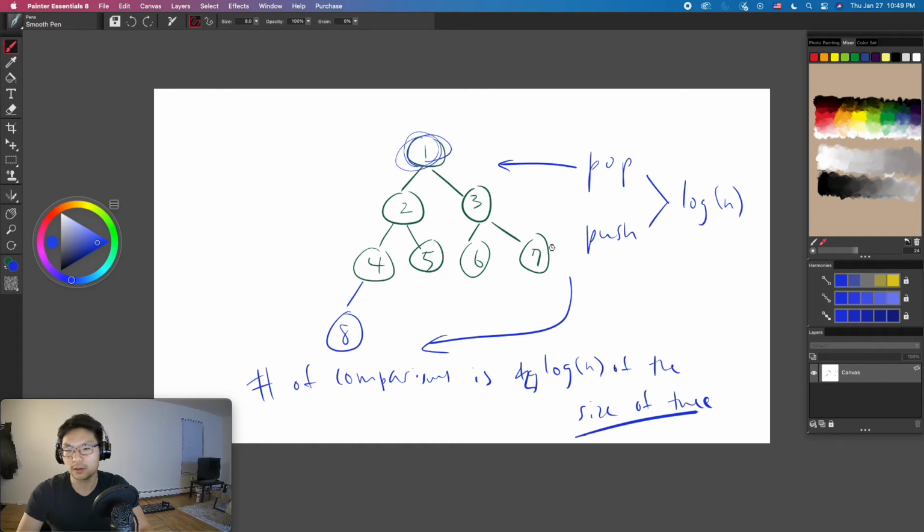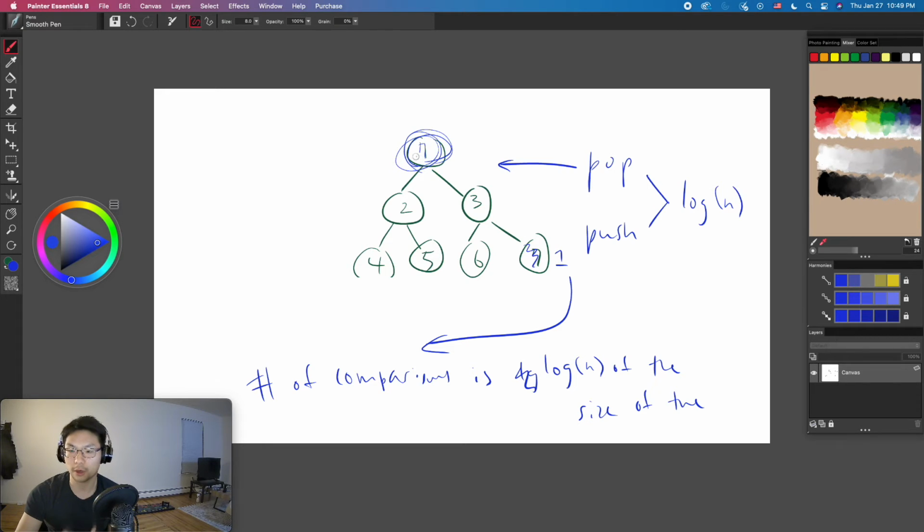But this is really cool to calculate, because if we know the number of nodes, let's say, I'm going to remove this for simplicity. But let's say we pop this out, right? Then we would move 7 over to here, and this would become 1.